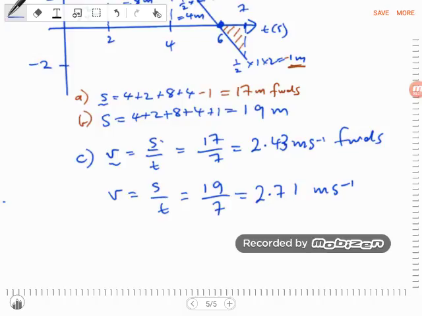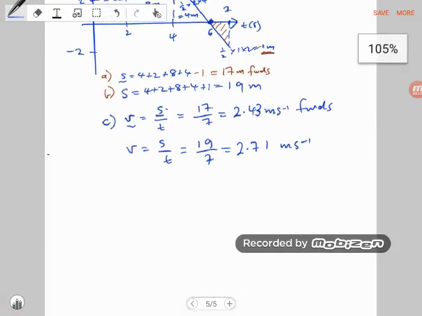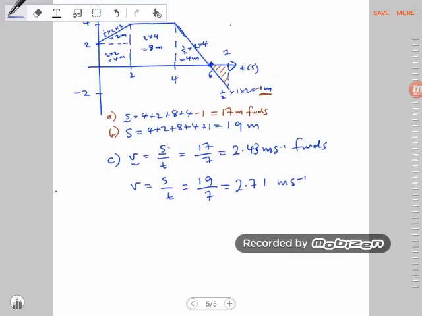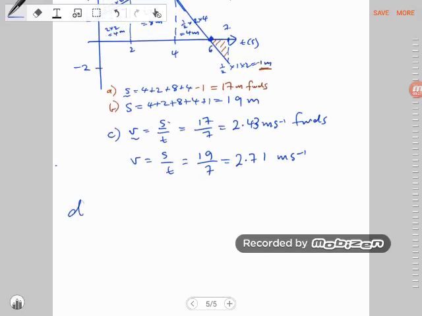Okay, so part D, we need to sketch an acceleration time graph. The slope or the gradient of the velocity time graph will give us the acceleration during each section.